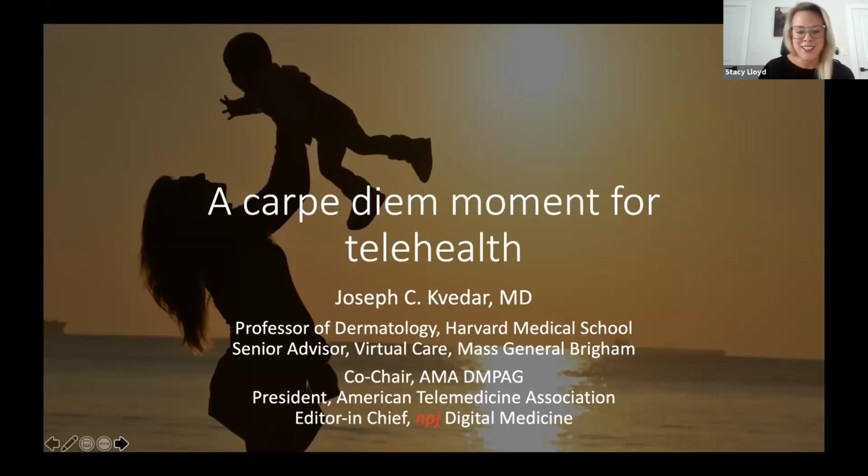He also co-chairs the AMA's Digital Medicine Payment Advisory Group, which works to ensure widespread coverage of telehealth and remote patient monitoring, and successfully established several new provider codes for telehealth reimbursement through the CPT process. He's a member of the AAMC's Telehealth Committee, creating tools that will enable medical schools and residency programs to integrate telehealth into the training of future practitioners.